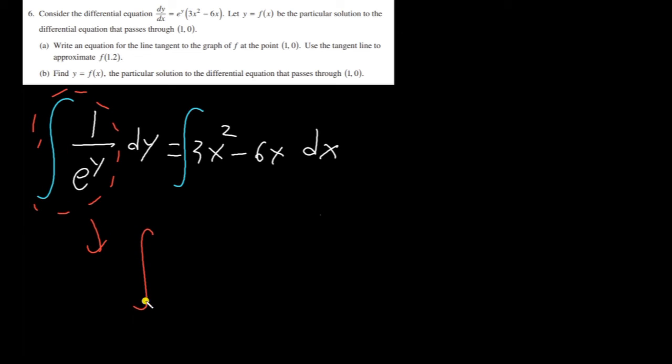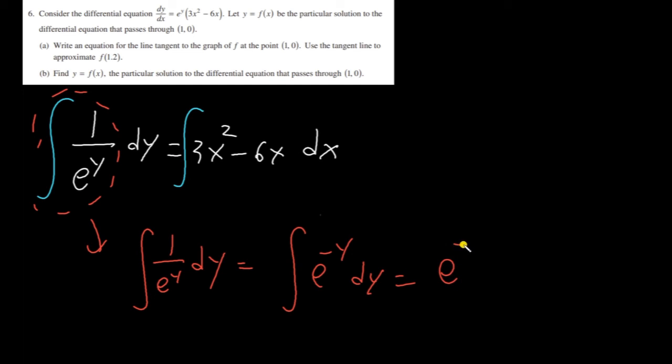The integral of 1 over e to the y dy. Remember, I can bring this part here to the top, and I'll get e to the negative y, because when you bring this to the top, the exponent switches signs. So it's e to the negative y dy. And then if I integrate, you could technically do u substitution with u equals negative y, but that's kind of overkill here, because it's just going to be e to the negative y over negative 1, right?